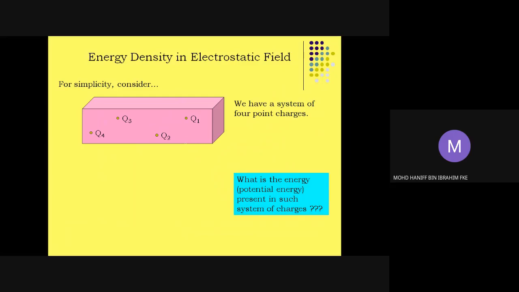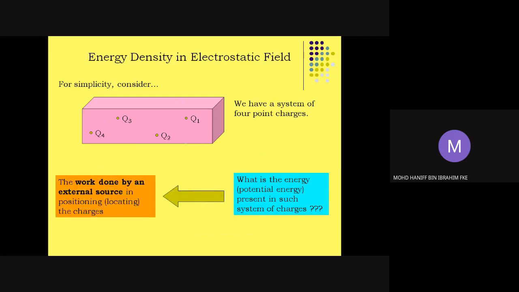Afterwards, based on the obtained formulations, we are going to extend it into other cases, for instance, line charge, surface charge, or volume charge. So we start with a very basic charge distribution.